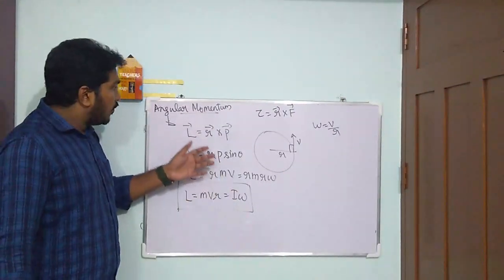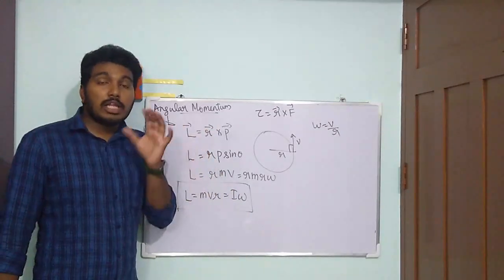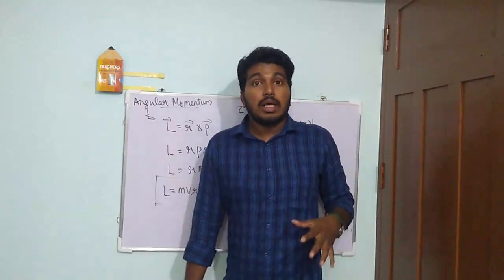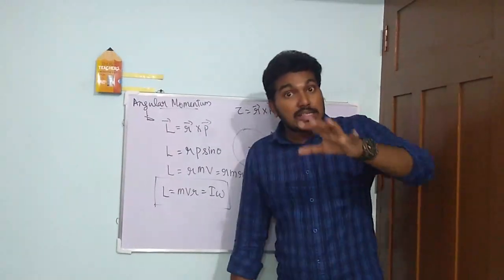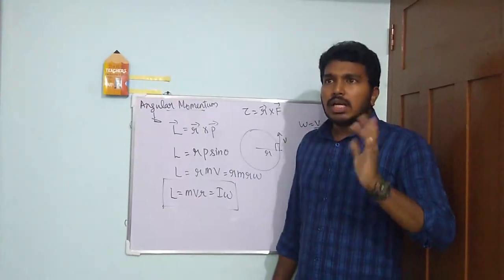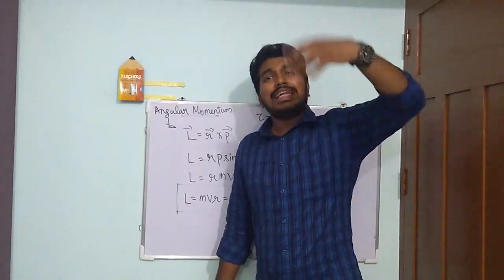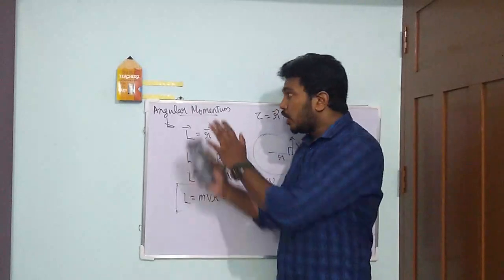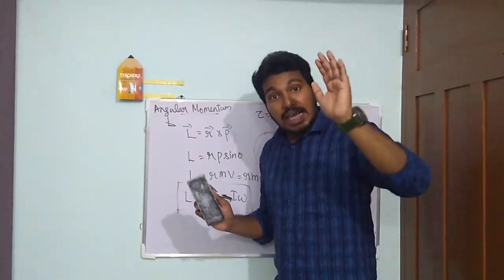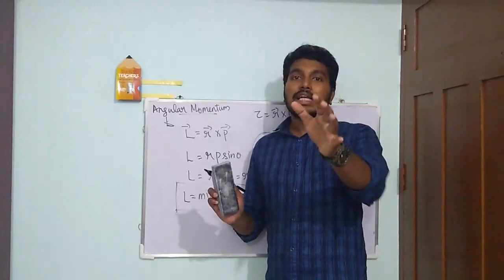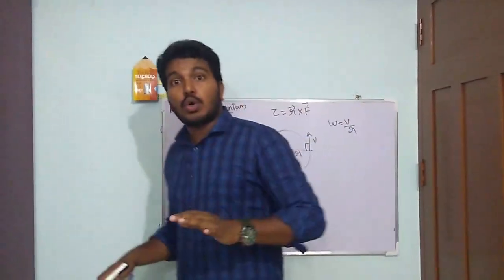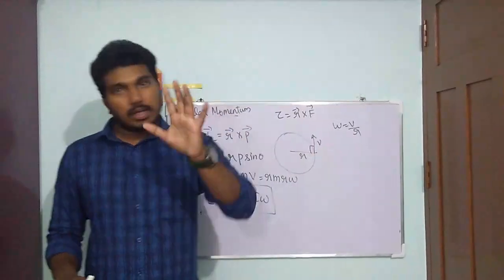Okay. Now, when you talk about angular momentum, one very important point from where questions can come in your examination is angular momentum conservation. Similar to linear momentum conservation, angular momentum will be conserved if the net external torque acting on an object is zero. I repeat, if the net external torque is zero, the angular momentum will be conserved.